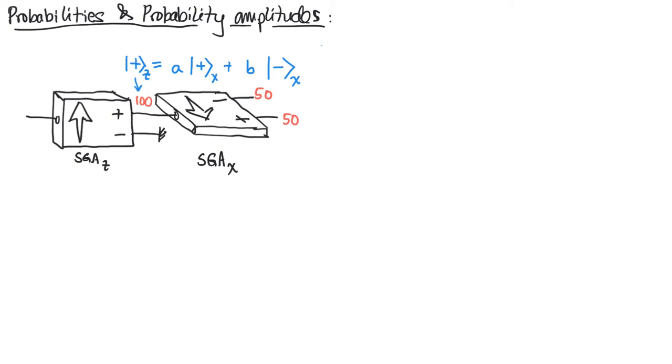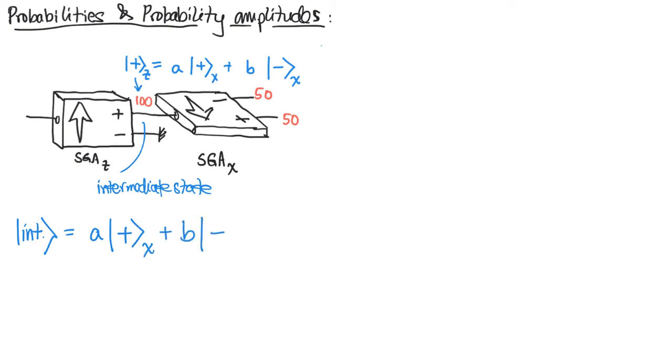Okay, so if we call this the intermediate state here, we can say the intermediate state is given as some amplitude A for being in the plus X orientation plus some other amplitude B for being in the minus X orientation. And we know that the probability of being measured plus X is mag A squared. And we know that the probability of being measured minus X is mag B squared.